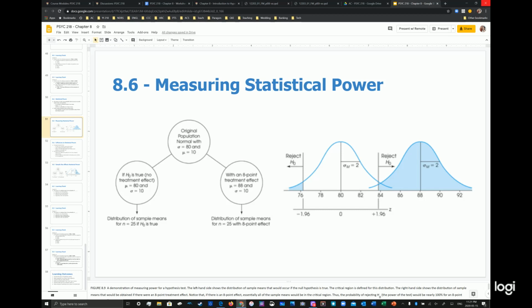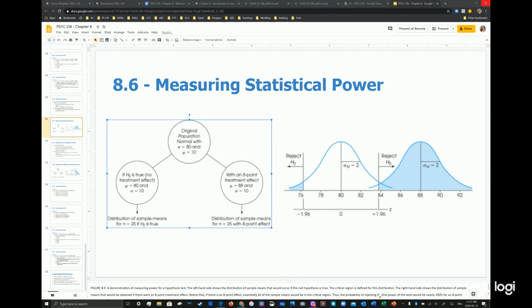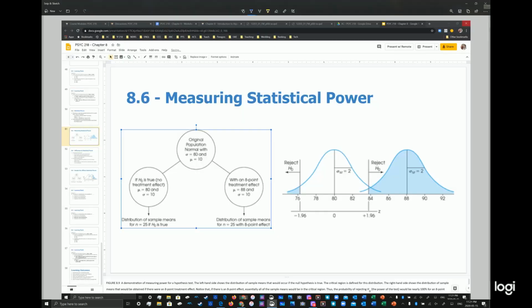So here's an example of this. You've got your original population here with a population mean of 80 and a standard deviation of 10. Wow, this is a typo over here. Okay, if the null is true, if there's no treatment effect, well, it's the same thing.